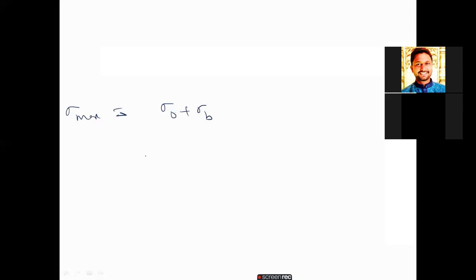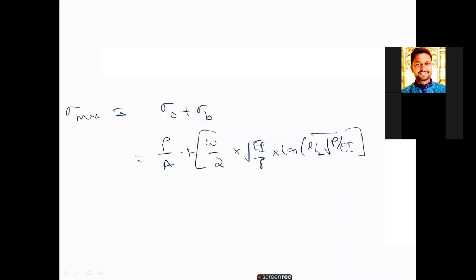The stress due to direct axial compressive load is P by A. Sigma b is W by 2 into square root of EI by P into tan L by 2 square root of P by EI, multiplied by yc by A k square.